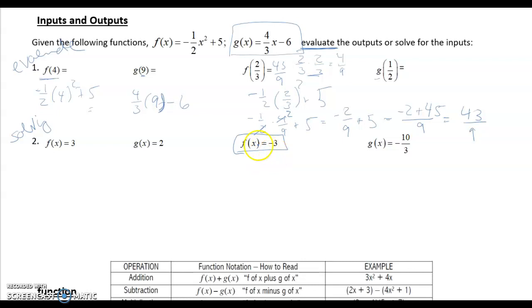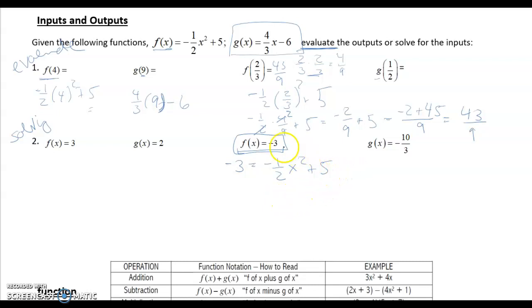So if we say, what are the x values where f of x equals -3, this is just substitution again, just like Unit 1, we're substituting over and over and over again. So f of x is the same as -3. So -3 equals -1/2 x squared plus 5.